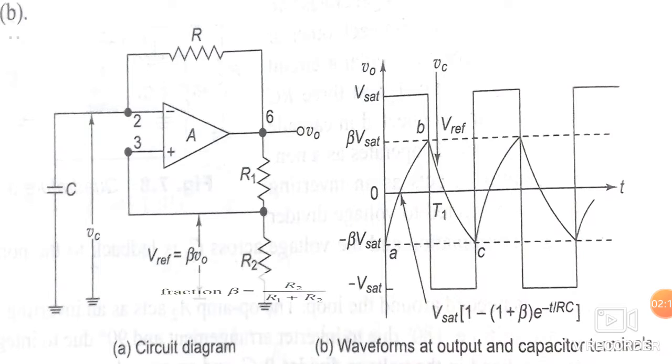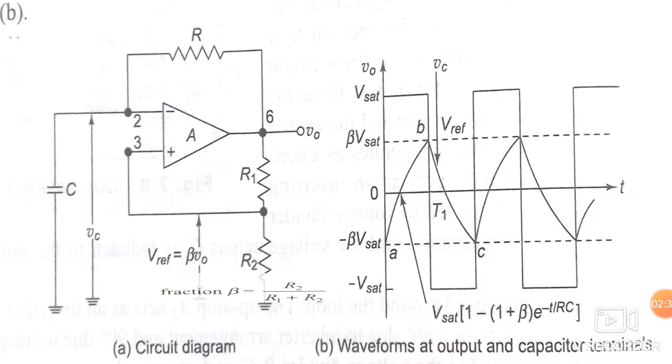It may be minus Vsat also, depending upon the situation, but I am assuming in the beginning that the output of the operational amplifier is plus Vsat.